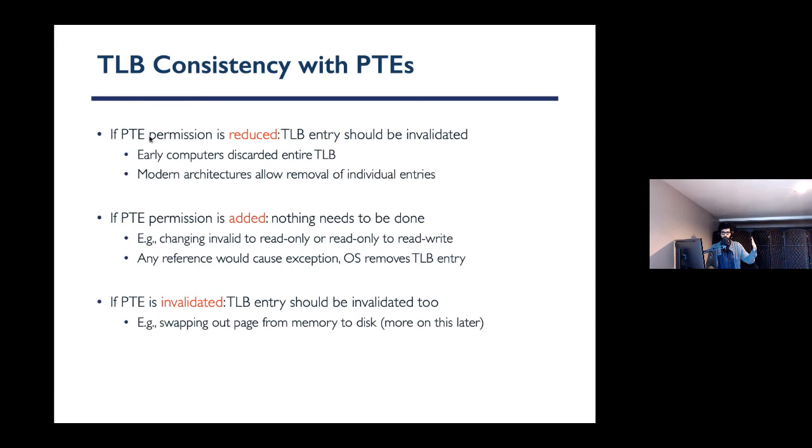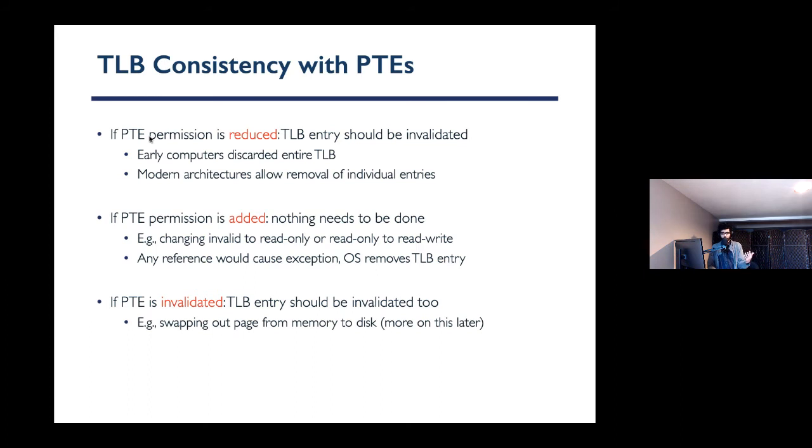In early computers, there was no way of invalidating a particular entry in your TLB. As a result, you had to flush the entire TLB because you didn't have any hardware support to invalidate a particular element in your TLB.